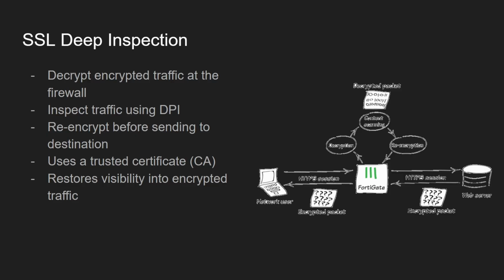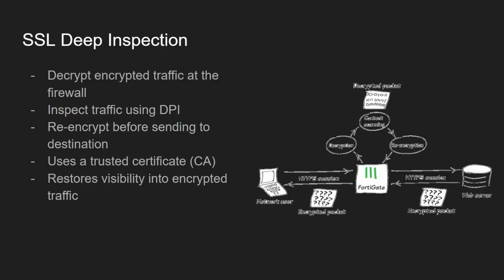So talking about how to solve this problem, for SSL deep inspection, this is what we're going to be using. How does this work? The firewall essentially acts as a trusted intermediary between the client and the server. In other words, this is really just a controlled, trusted man-in-the-middle attack, but it's for security purposes. Here's how it works.